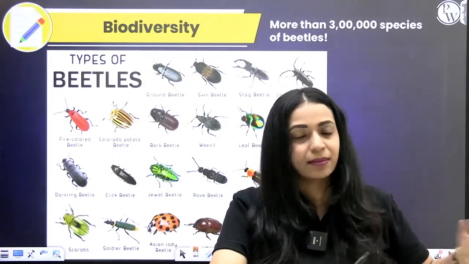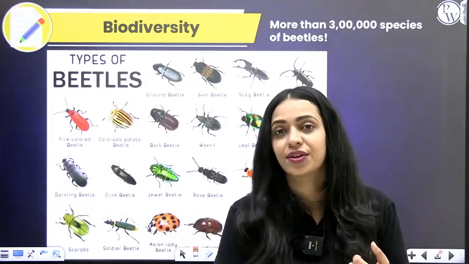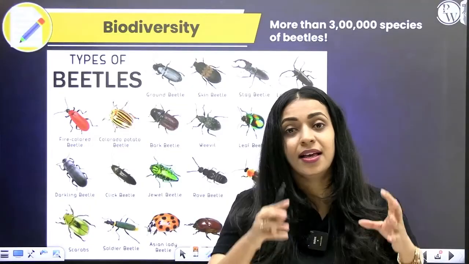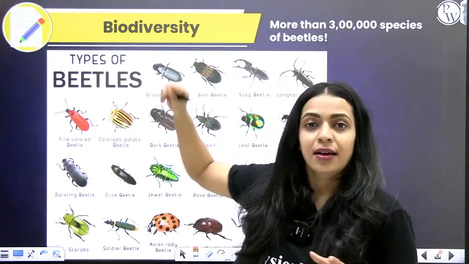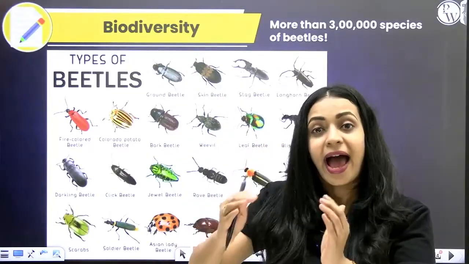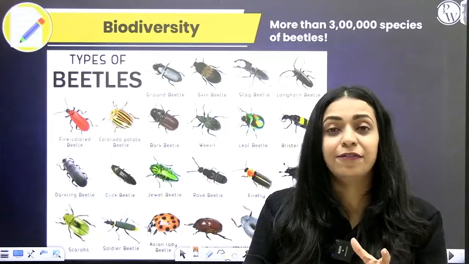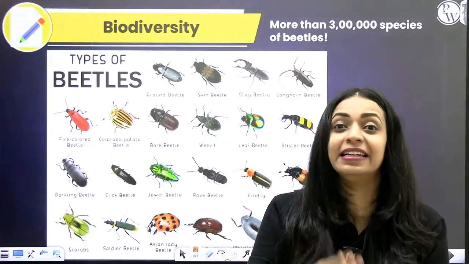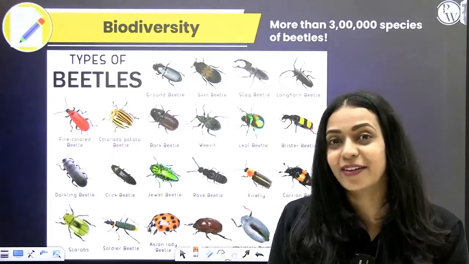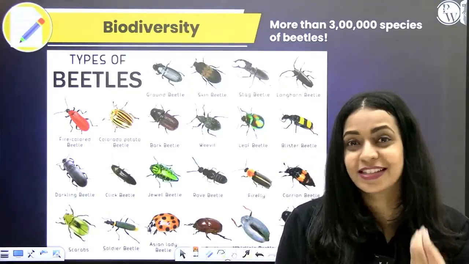Now, if you consider animals that we're familiar with, dogs are a species, cats are a different species, crows are a species. Likewise, beetles are a type of insects, and in this beetle itself, there are more than 3 lakh species across the globe. That's how diverse just one kind of insect is on our planet.